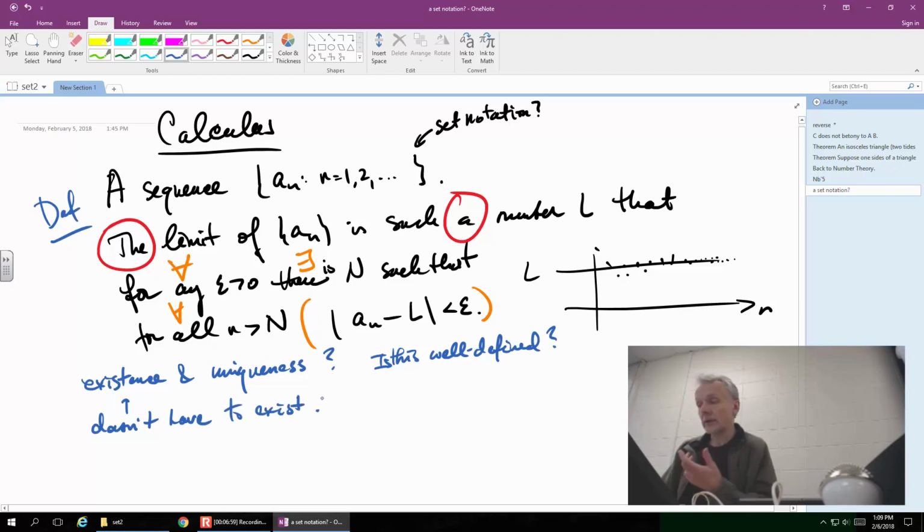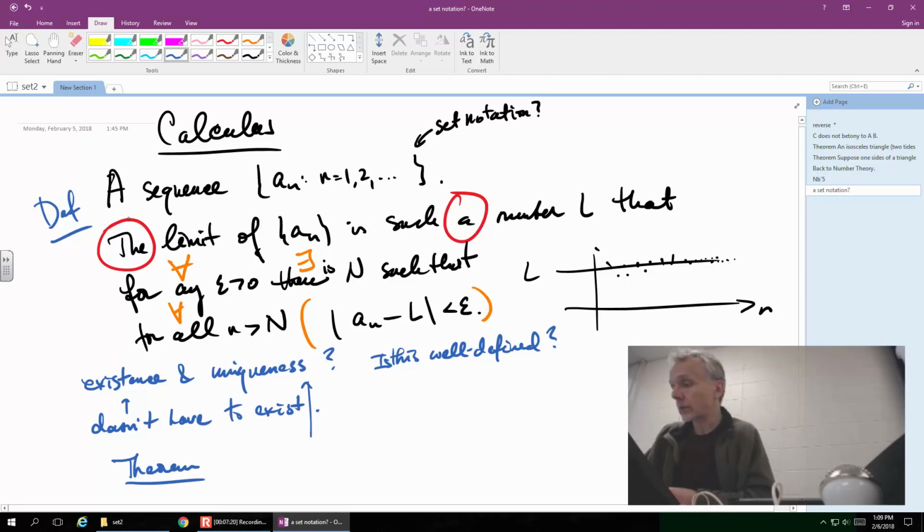So there is no existence as such. There is no existence theorem unless we impose extra conditions. So that's the rest of calculus, Calculus 1. Okay, that's first existence, and then secondly uniqueness. And uniqueness, yes, it is true, and so it is actually a theorem that goes right up after the definition. So you don't want to start using the language of "the limit". In fact, I would discourage putting "the" there.